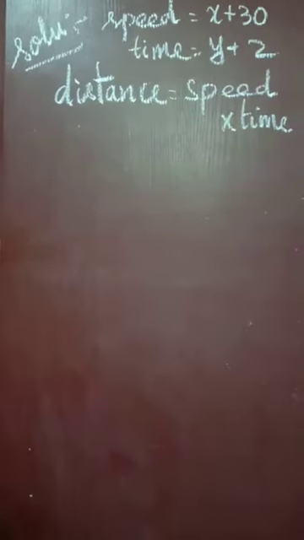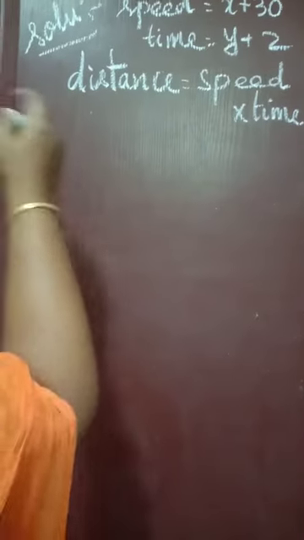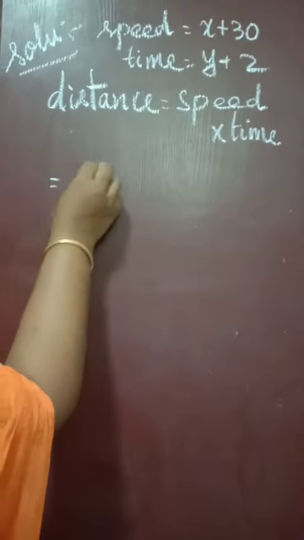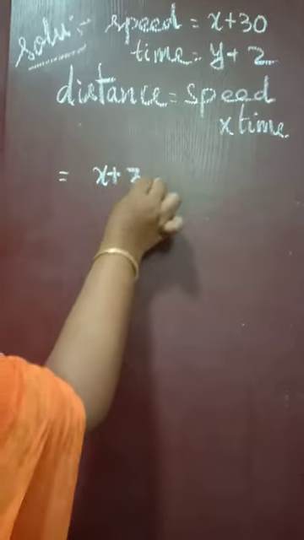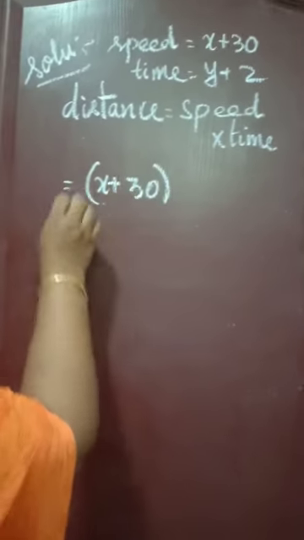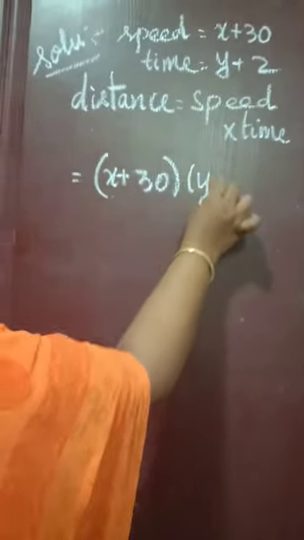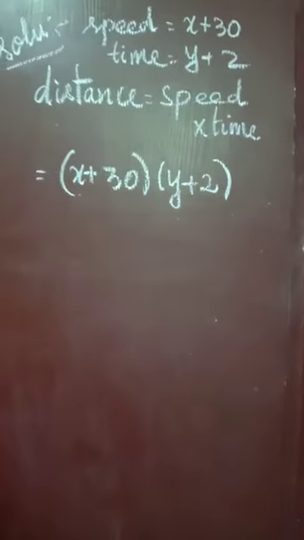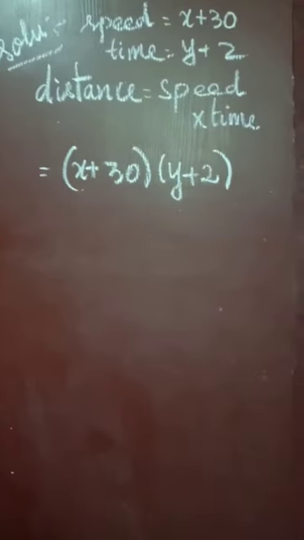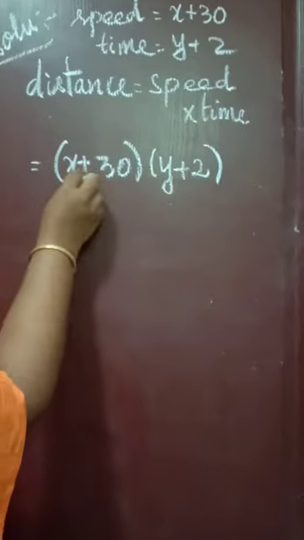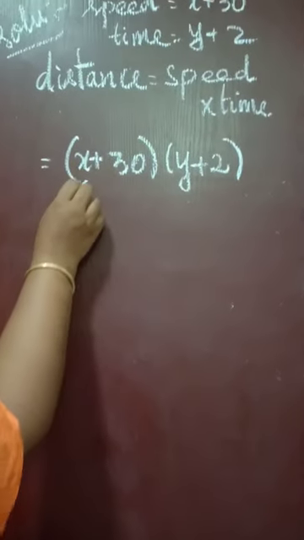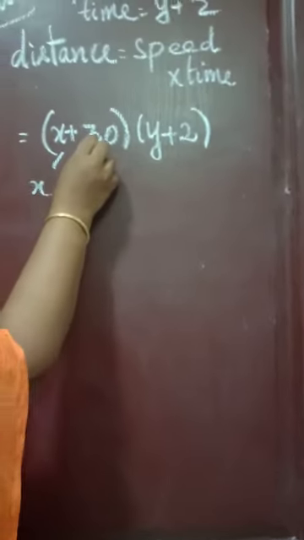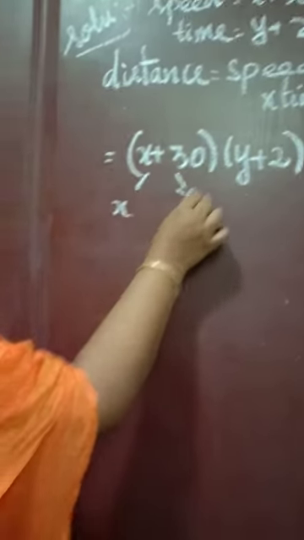Distance formula: speed into time. What is the speed? x plus 30. What is the time? y plus 2. So multiply binomial by a binomial. What are the two terms in the first bracket? Yes, one is x, another one is 30.